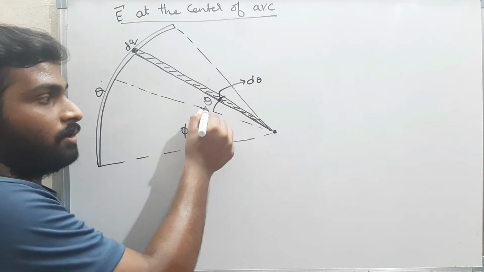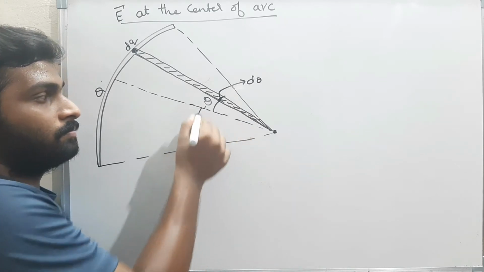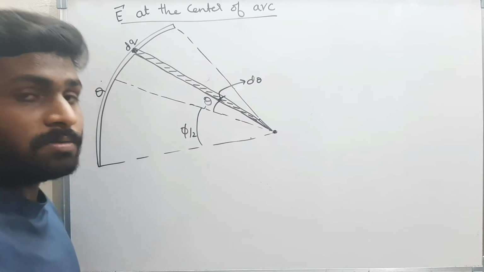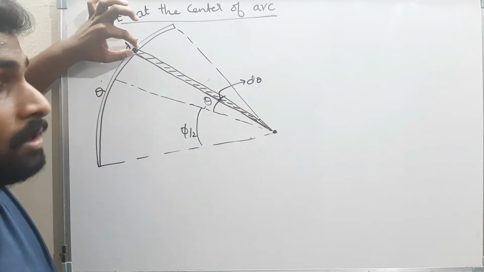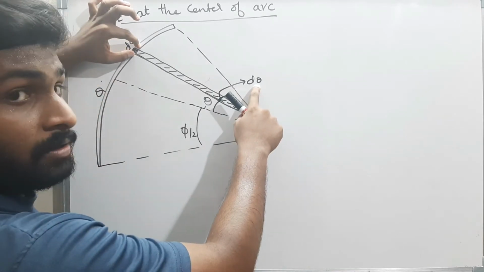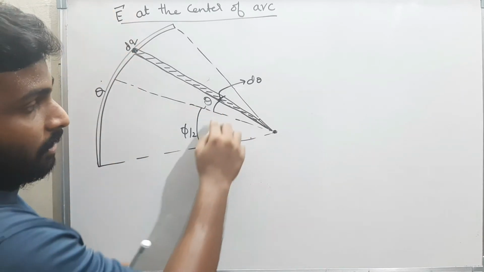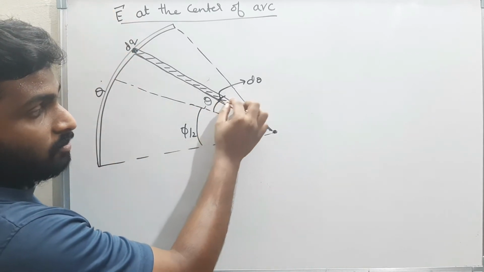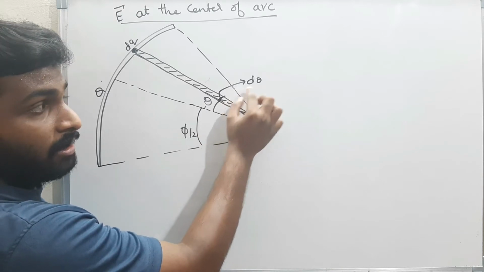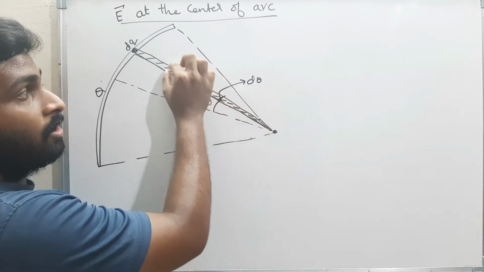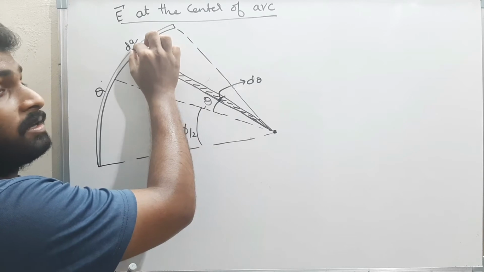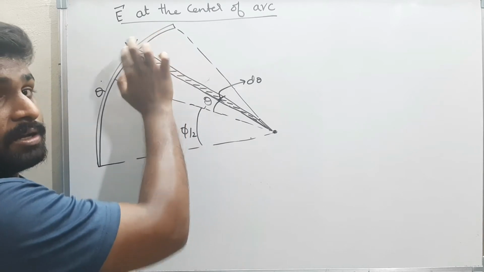Now observe carefully what I did. I am assuming a small arc of angle d theta at an angle theta from the center line, and the charge in that small arc is dq.